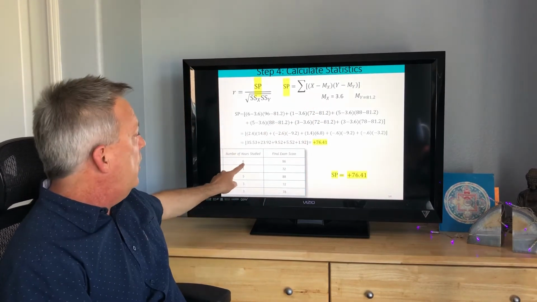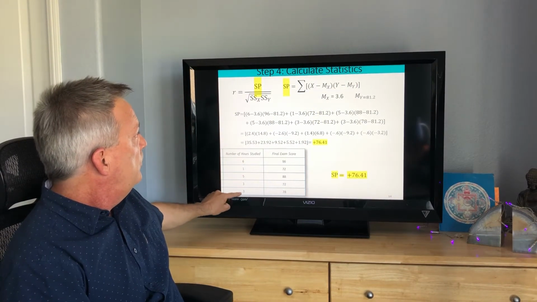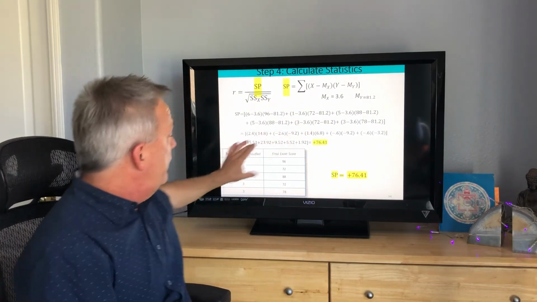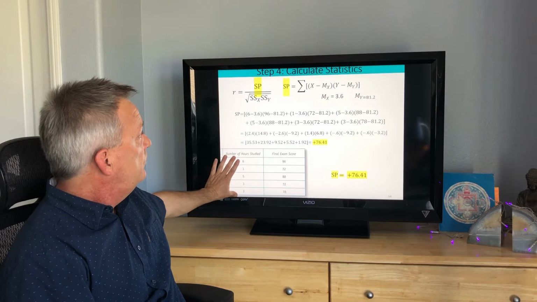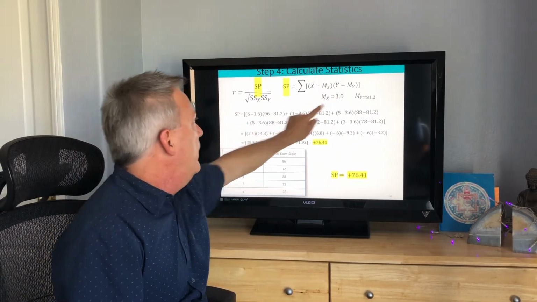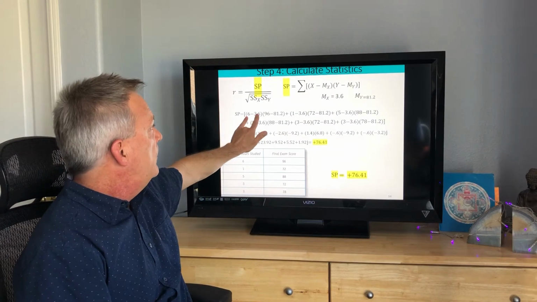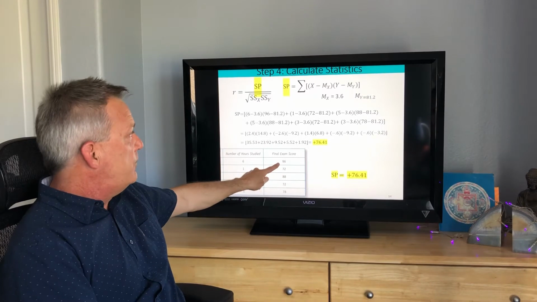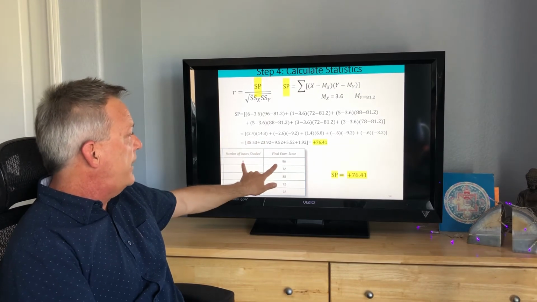X is the scores. M sub x is the mean of the scores. And notice 6 minus 3.6, boom, times what? Y, the associated final exam score, right?